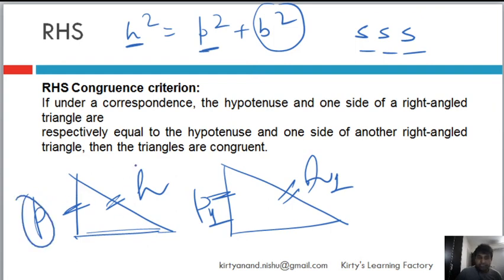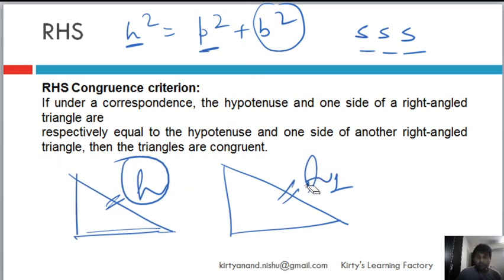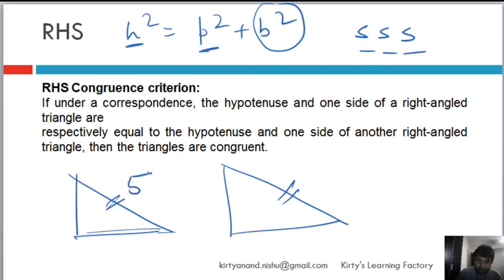Why are we not saying that only hypotenuse is equal and therefore triangles will be equal? And I will tell you why. Because for one hypotenuse there could be different arrangements of perpendicular, and so I can have a hypotenuse of 5. Here I have the hypotenuse of 5.